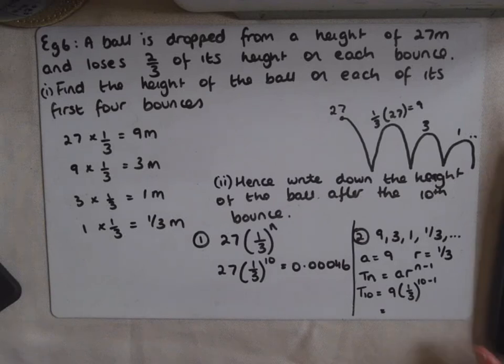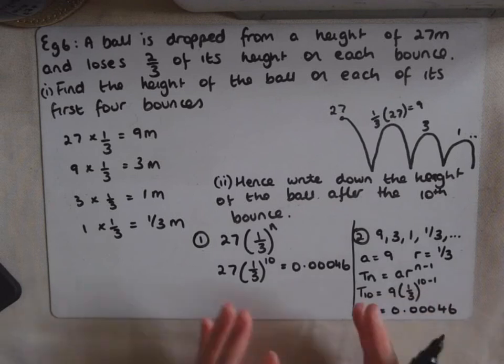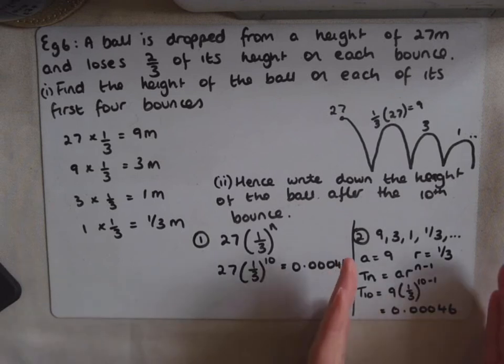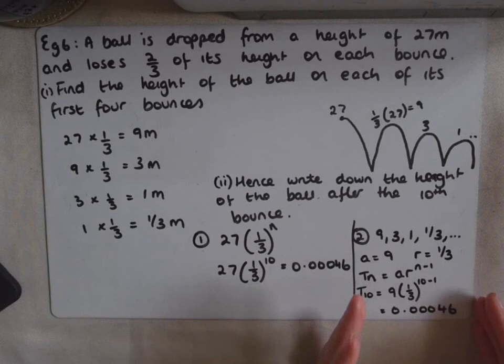And when I throw that into my calculator, I get the same answer, 0.000457, which is 46. So it's up to you. The difference in both of these is that here I'm only interested in the pattern of numbers of the bounces, and I'm interested in the 10th bounce, so that's why I can use this.